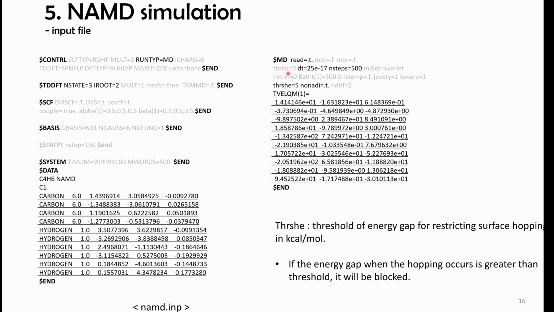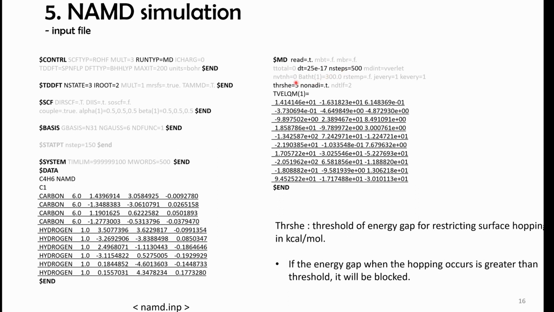And total is the elapsed time. In this case, because this is the initial calculation, there is no elapsed time. And dt is the delta, the time step. In this case, I set 0.25 femtosecond. And this is the total number of steps to be continued.